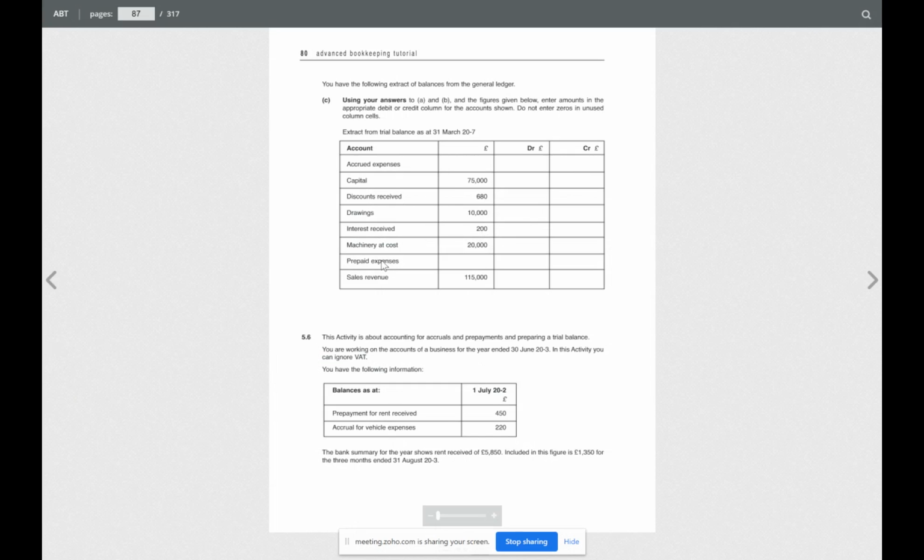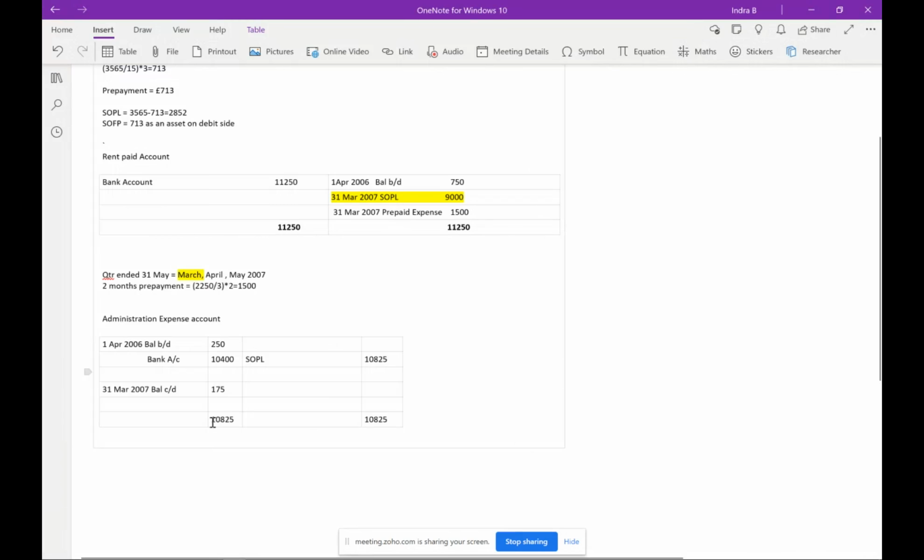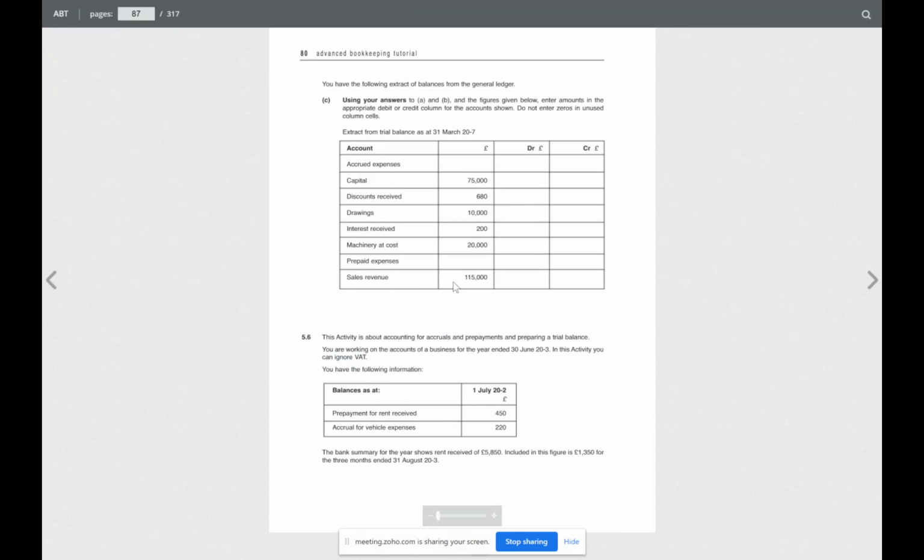Prepaid expenses, we calculated, this one, 1,500 pounds. So 1,500 pounds will be on the debit side. And sales revenue, this will be credit. Sales is credit always.